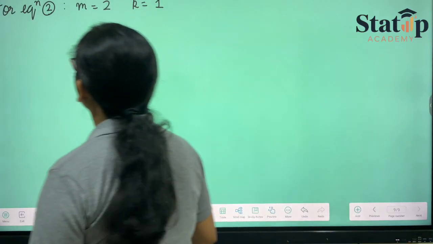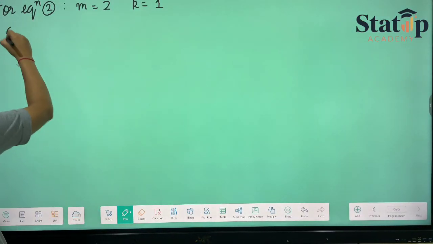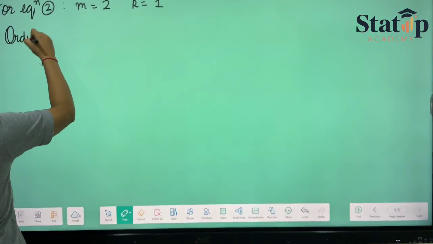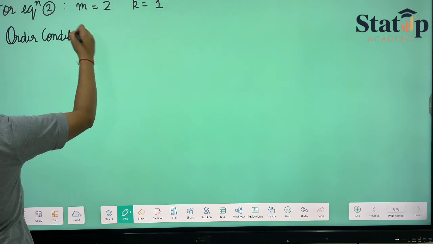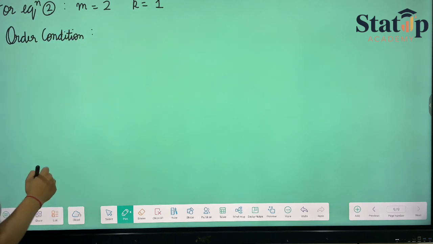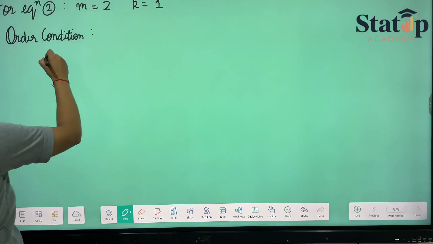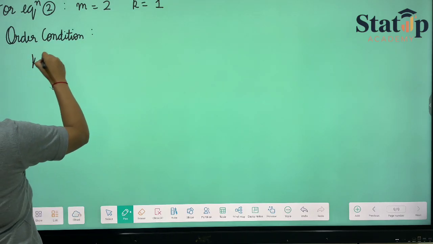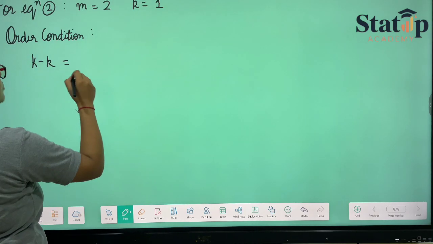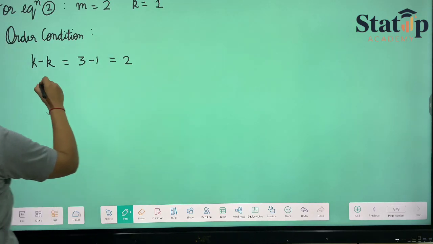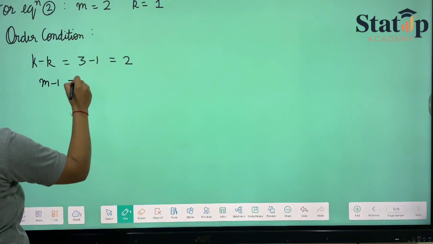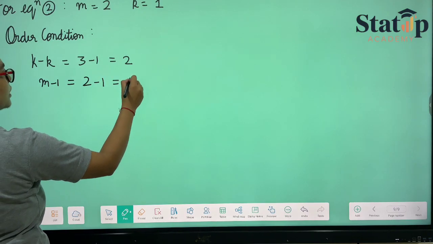Now solving similarly as we did for equation 1, first is order condition. Now what does order condition say? Order condition says that K minus small k is 3 minus 1, which equals 2, and m minus 1 equals 2 minus 1 equals 1.